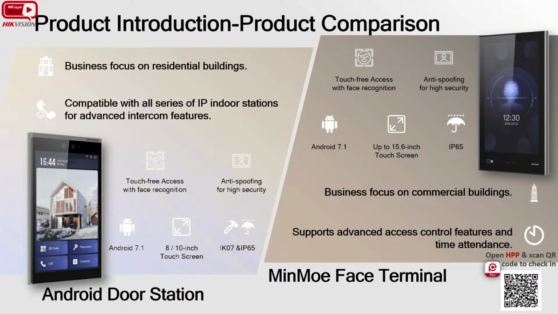Actually, we can find the differences between these 2, as long as they are supporting face recognition, but we can find the business focus on which kinds of area. Like Intercom, we more focus on the residential buildings, for the apartments, for the villa. So for some residents, for some communities, the main use is to realize intercom.